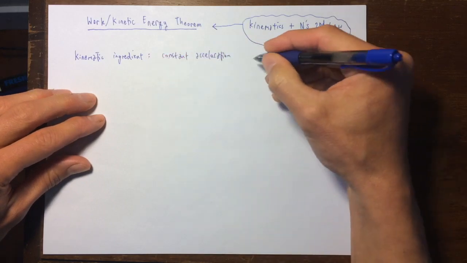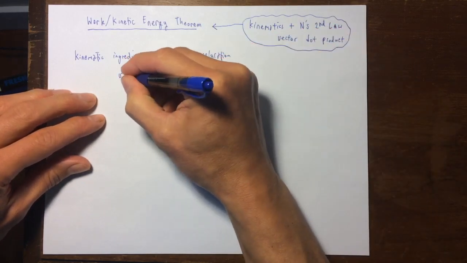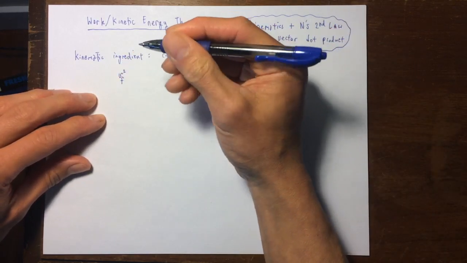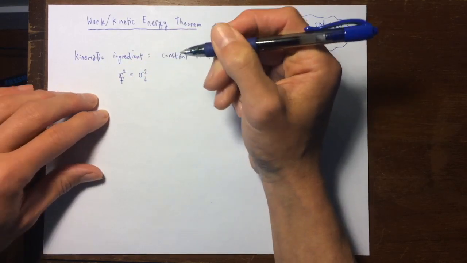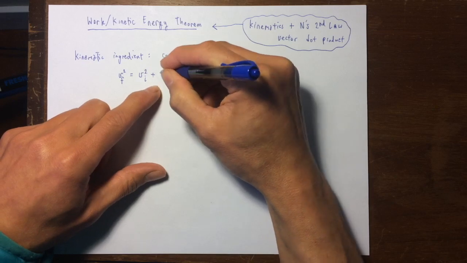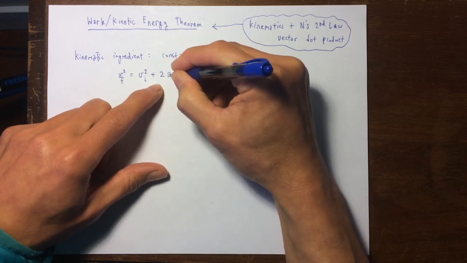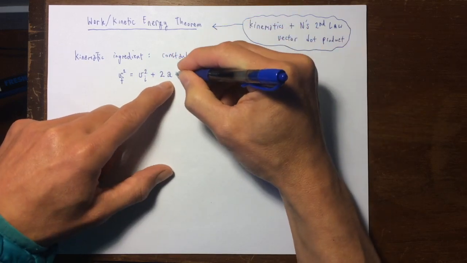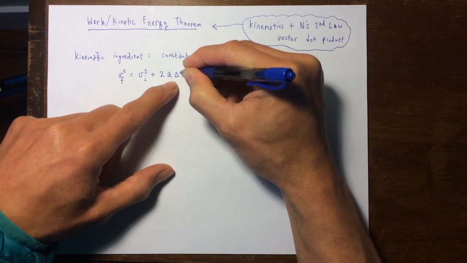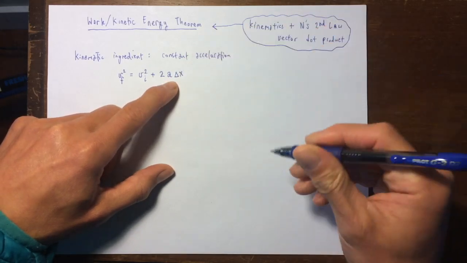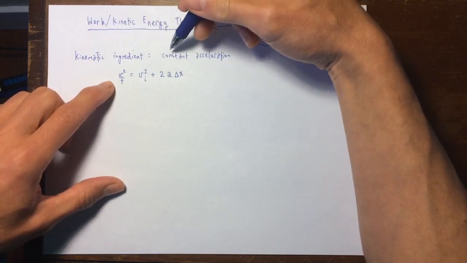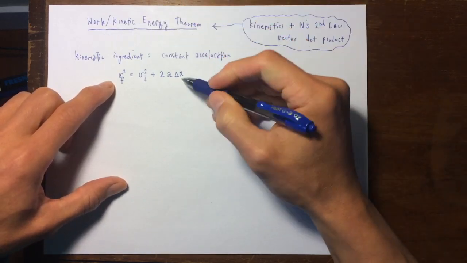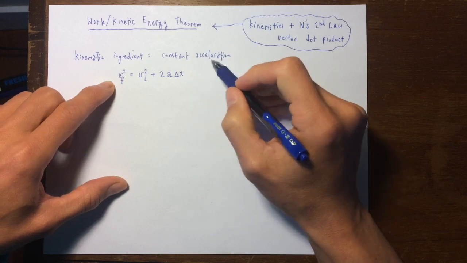It says that the final velocity squared is equal to the initial velocity squared plus 2 times the acceleration times the displacement. It's called a delta x. And this kinematic ingredient is only true for constant acceleration.